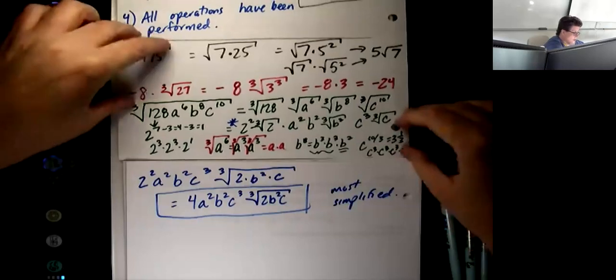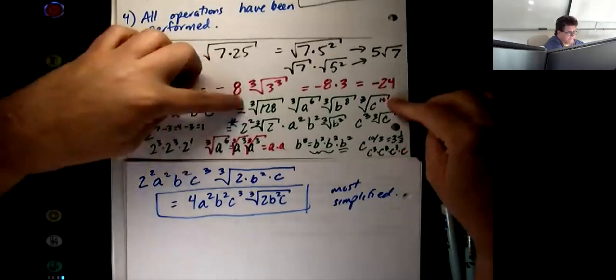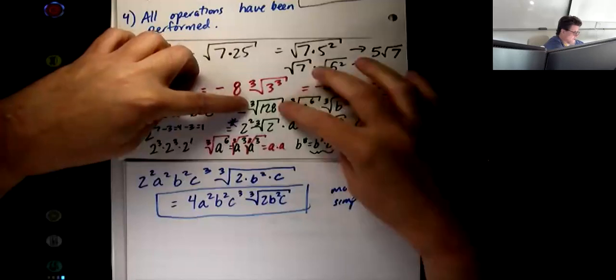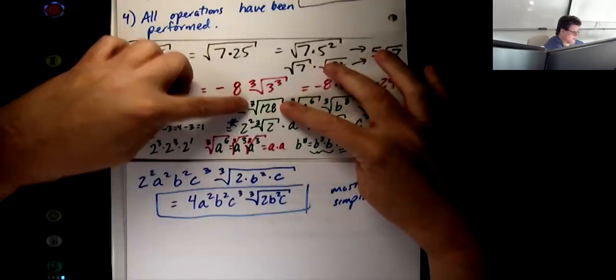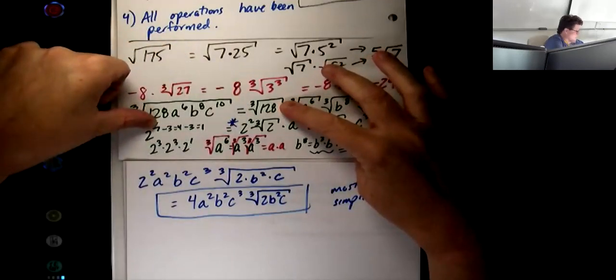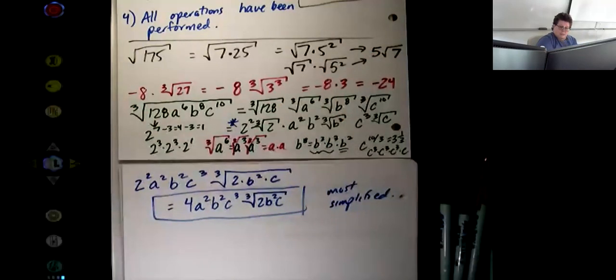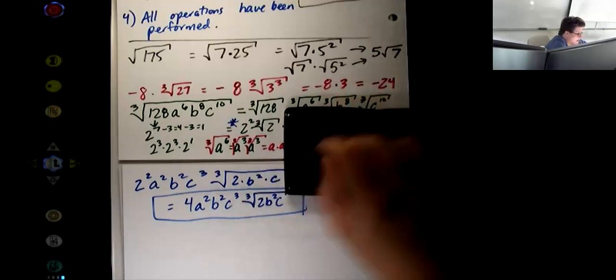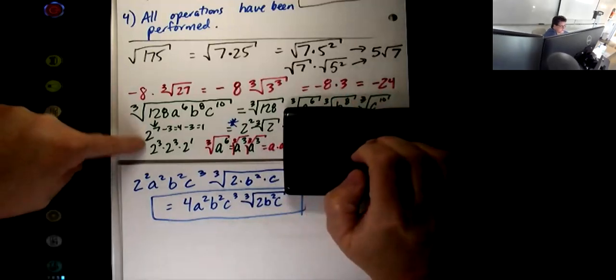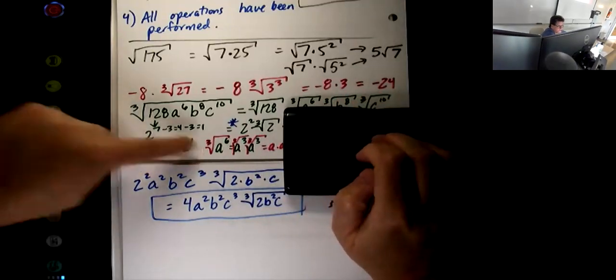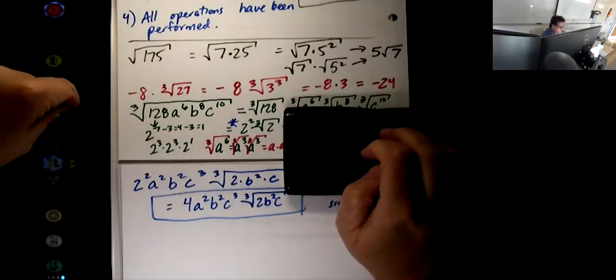Okay. So first off, I broke it up into these up here. Focusing on the 128. 128 is 2 to the 7th power. So let me cover off everything but the part I'm looking at. 2 to the 7th power, I can write as 2 cubed, 2 cubed, and 2. That's what that is.